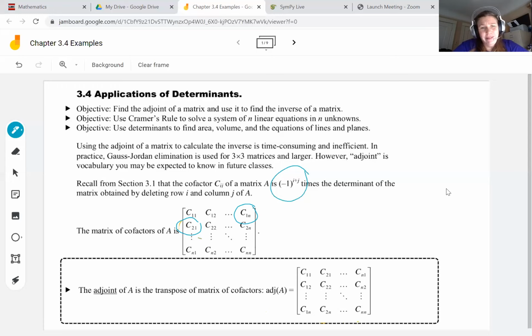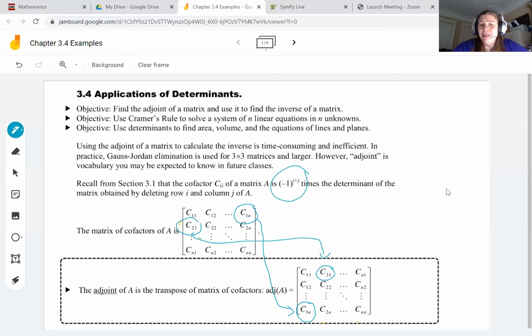Notice cofactor C21 in the adjoint is now in the first row, second column. So the column and row positions are reversed in the transpose here. Similarly, C1n that was in row 1, column n in the matrix of cofactors is now in row n, column 1. So it's a transpose. The diagonal stays the same, but the other entries reverse across the diagonal.